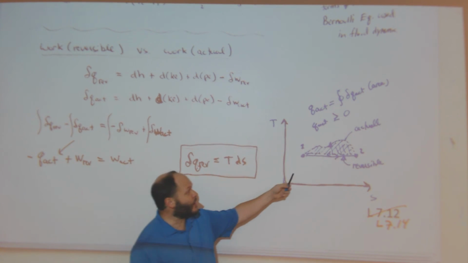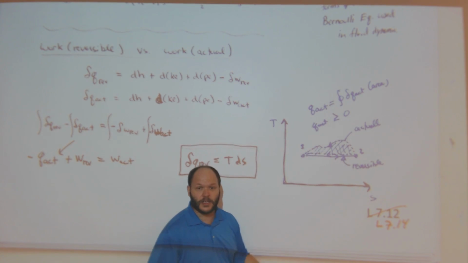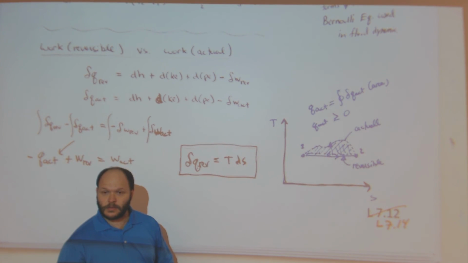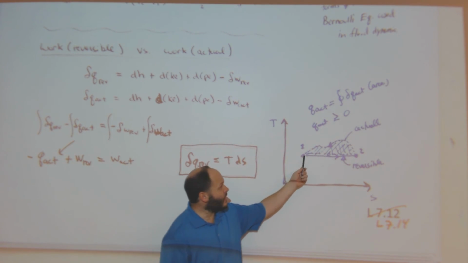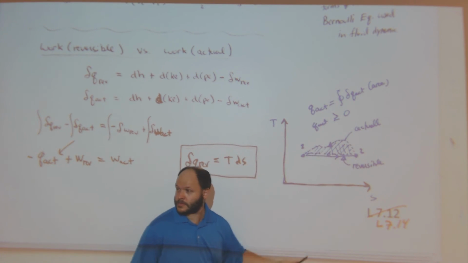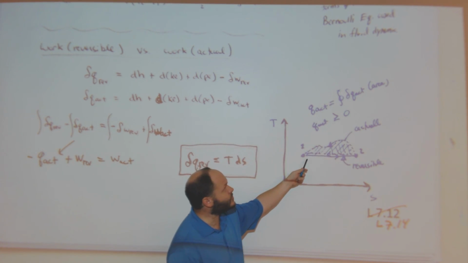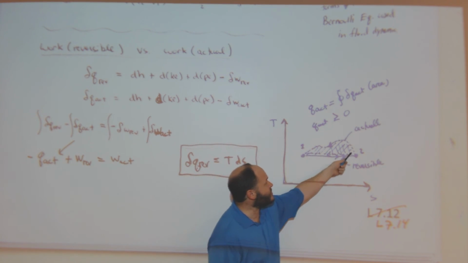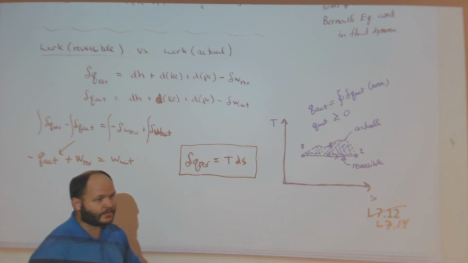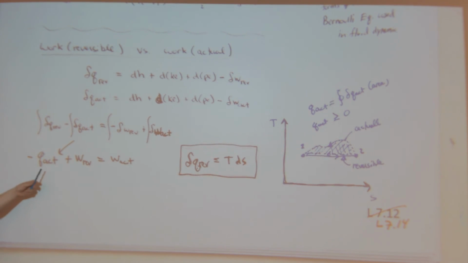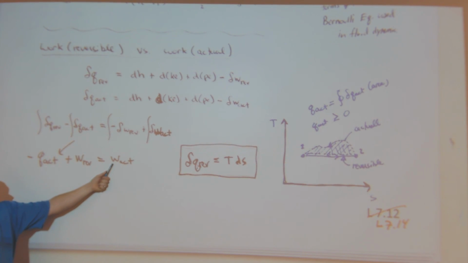So just as a rule of thumb, this goes counterclockwise. If you remember an engine, it was clockwise. No, actually, engine was counterclockwise, the other way was. So this is an engine, an energy producing device. Work actual is always less than or equal to work reversible, which makes sense, right?